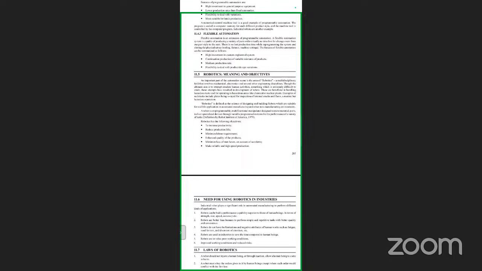Robotics is defined as the science of designing and building robots which are suitable for real life applications, and it has objectives like to increase productivity, reduce production cost, minimize labor requirement, enhance quality of the products, minimize loss of man hours on account of accidents, and make reliable and high speed production.